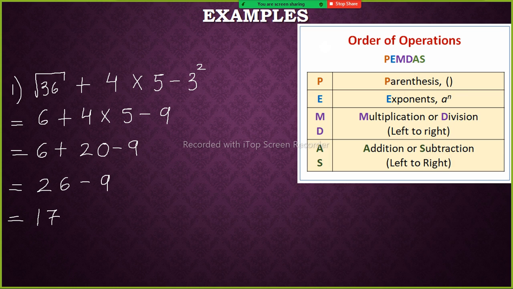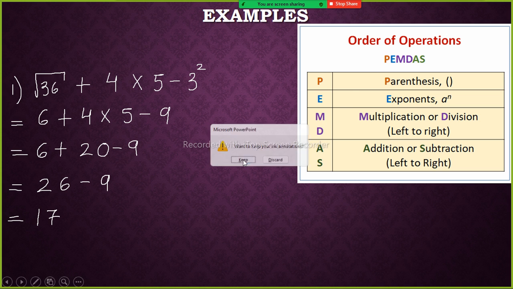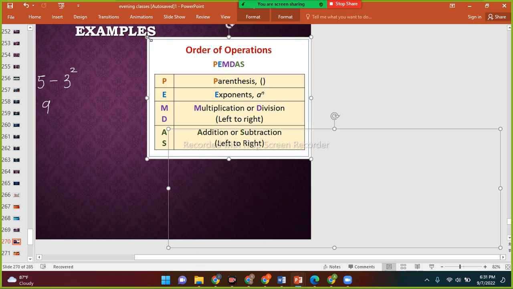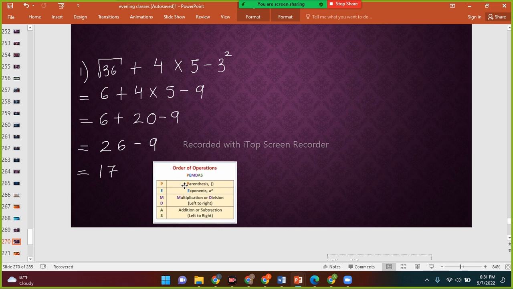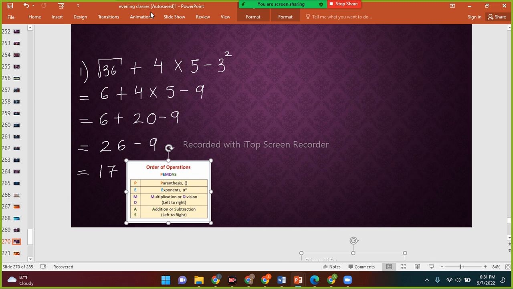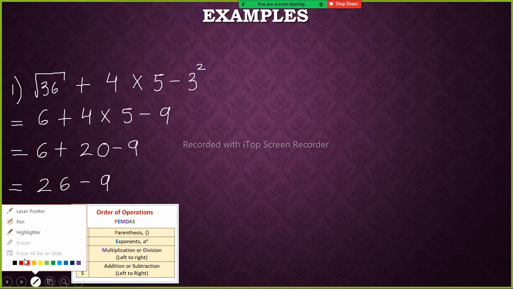So let me move this. Maybe we can make it smaller. Still keep it because we need to remember what we're doing and how we're doing it. All right, let's begin.